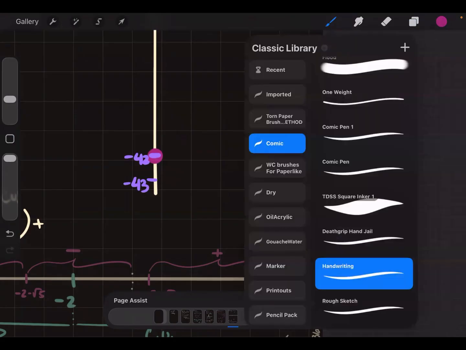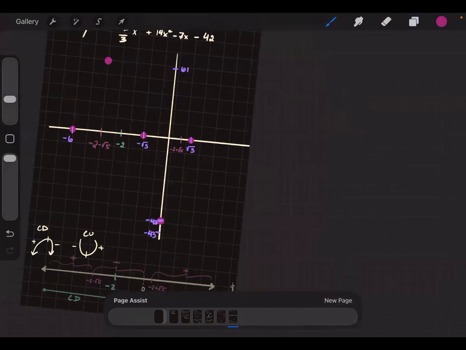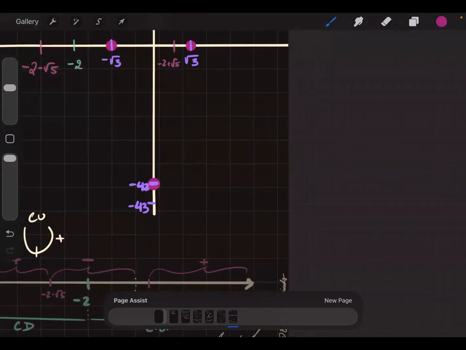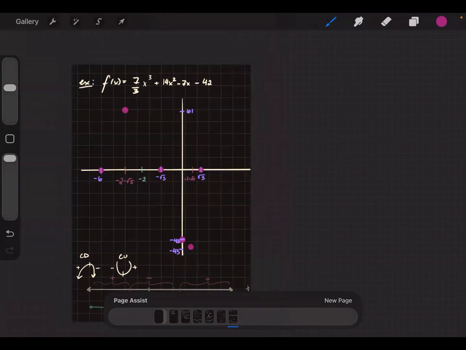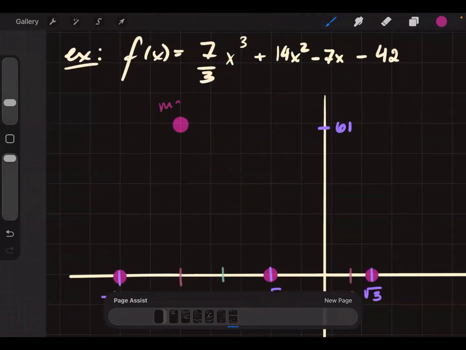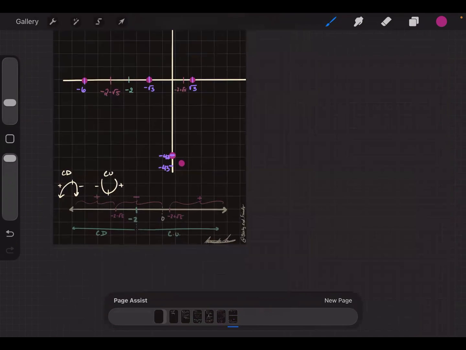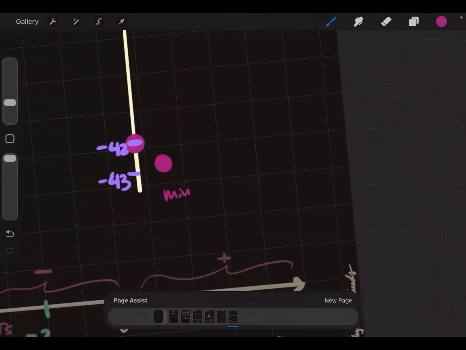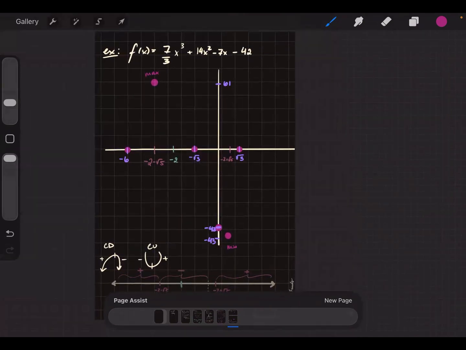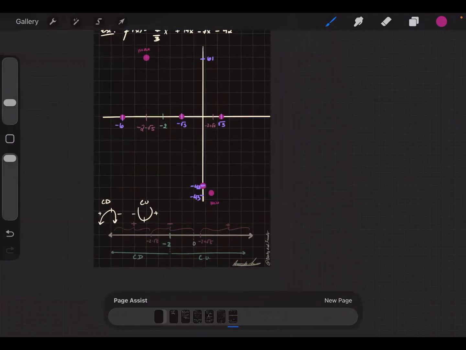And we'll put her right there. This is your max. And this is your min. So we have all the important points in.